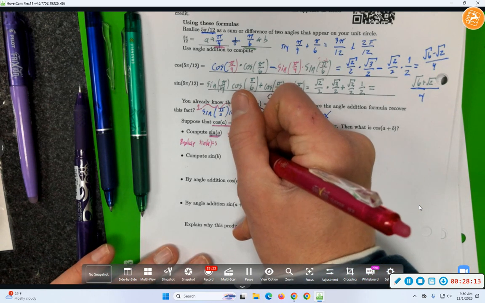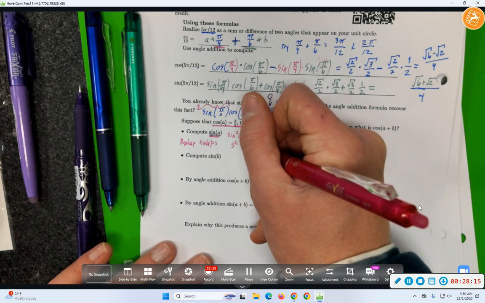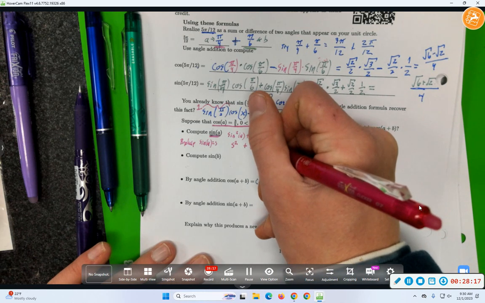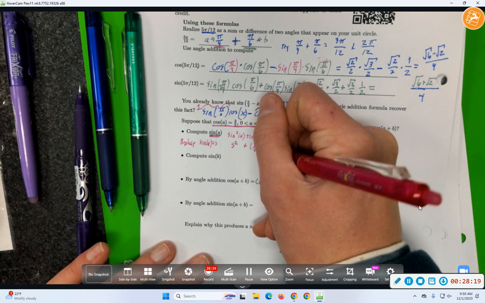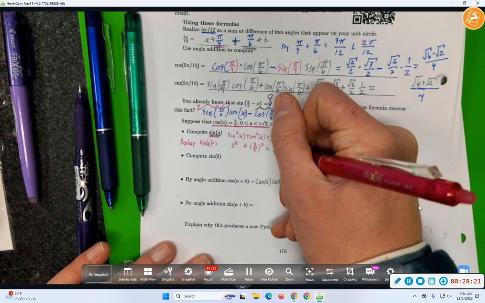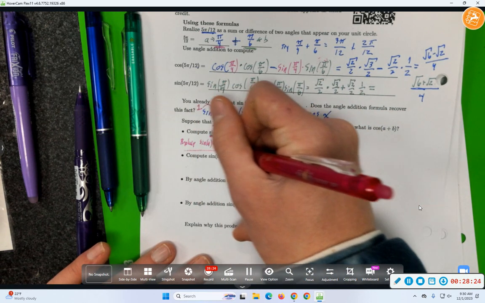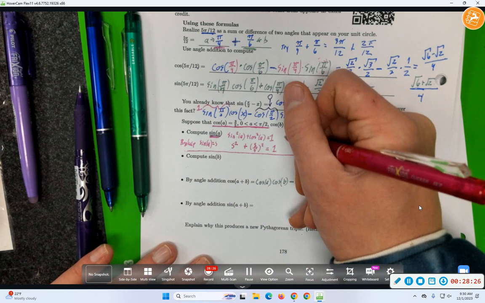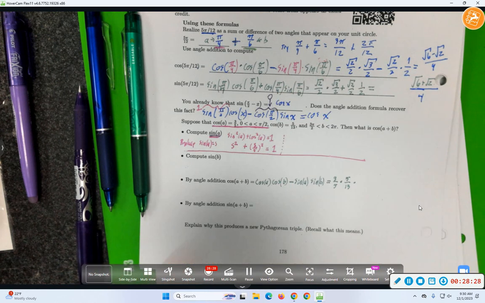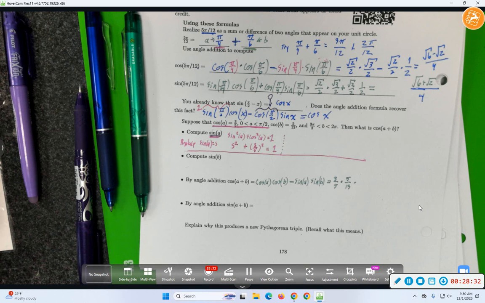So I'll get S squared, the thing that I would like, plus 3/5 squared equals 1. That now looks like something we could solve for S.